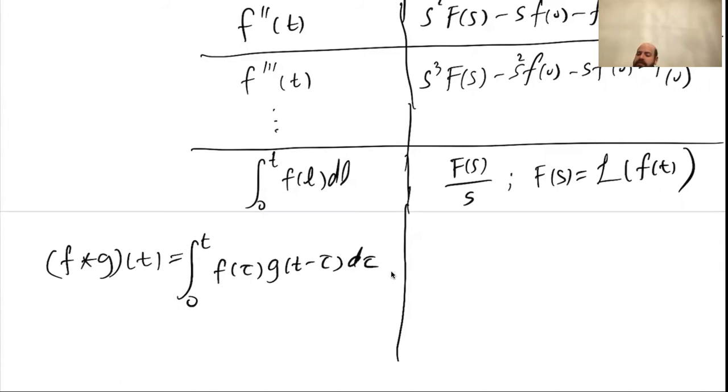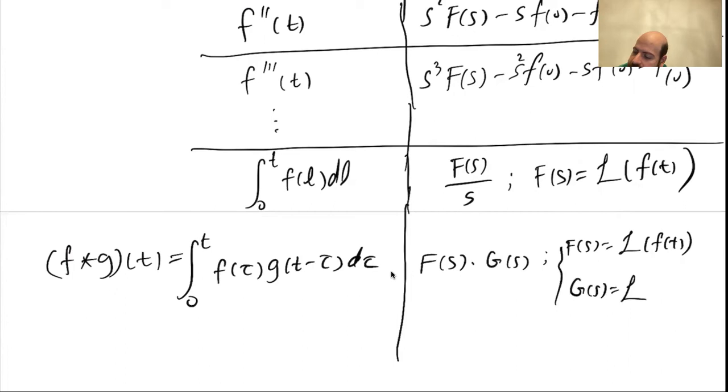The Laplace transform will be simply capital F of s times capital G of s. And here again, capital F of s is Laplace transform f of t, and capital G of s is Laplace transform g of t. So these are some important Laplace transforms.